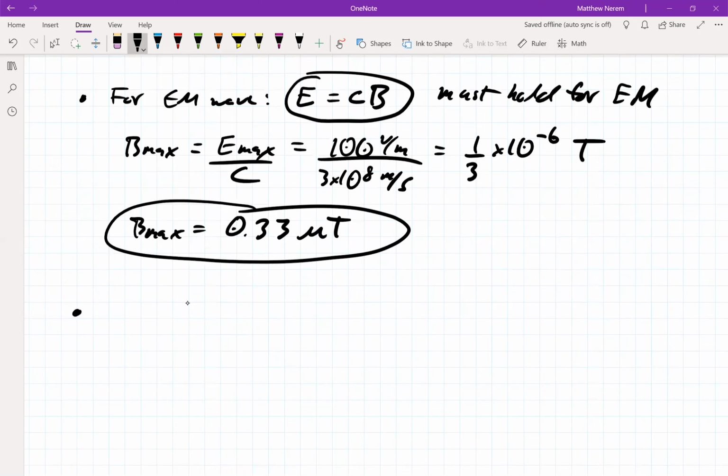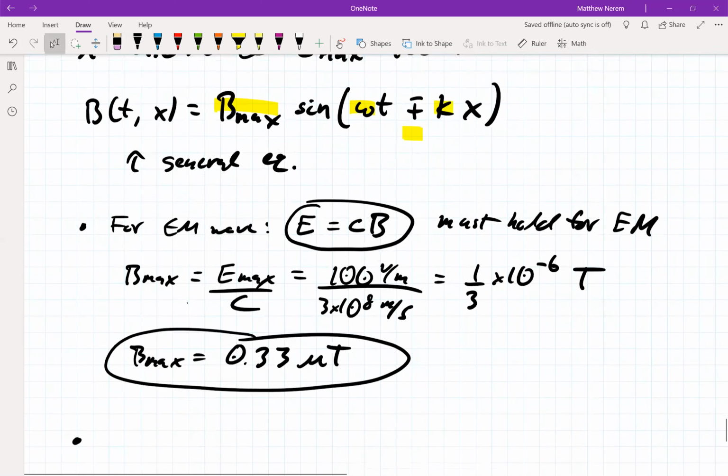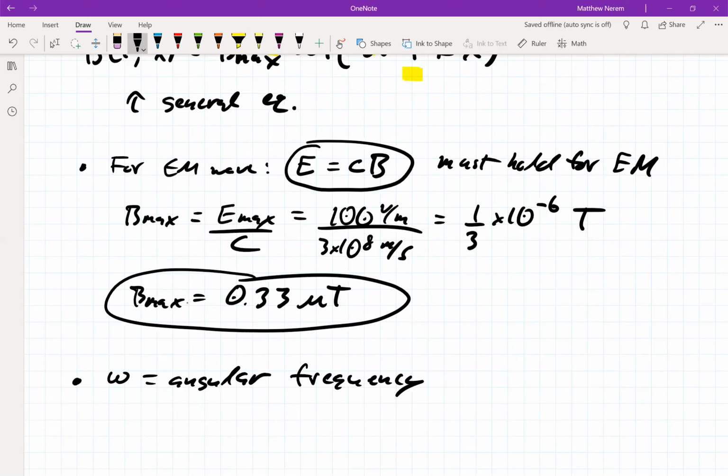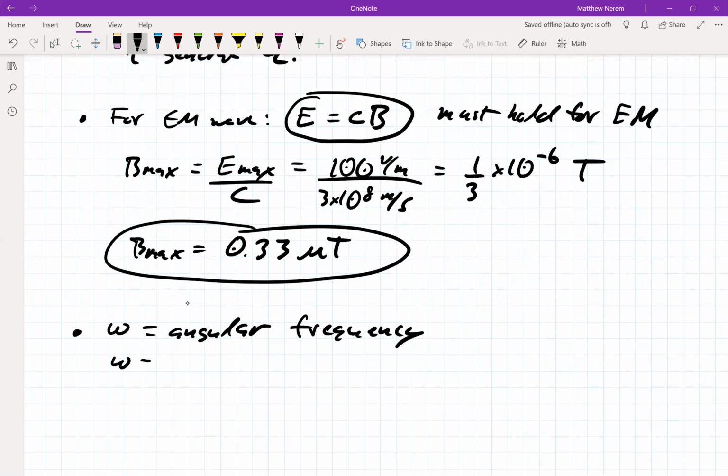All right, next part. We need omega. Omega is the angular frequency, and it's related to the regular frequency as 2 pi f. But we have lambda, not the frequency.